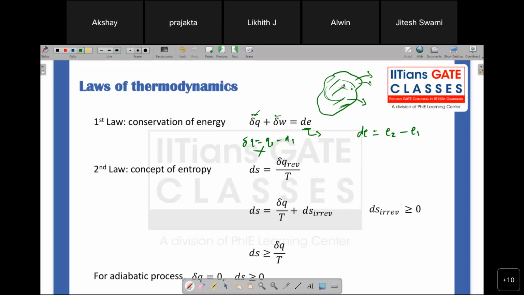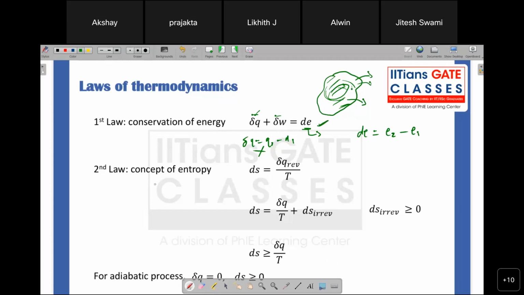Whereas internal energy is what is taking place within the system. That is why we can represent it as an exact differential, or I can write it in terms of a point function, right? So that is one important thing when it comes to the first law of thermodynamics, because we will use this relation, but we have to understand the meaning of the individual terms, right?